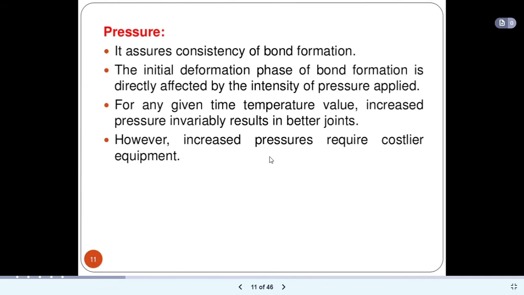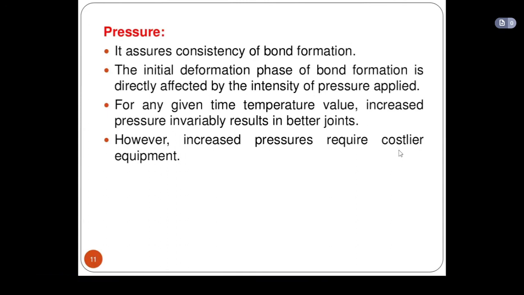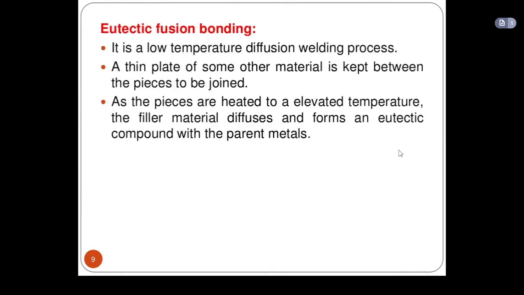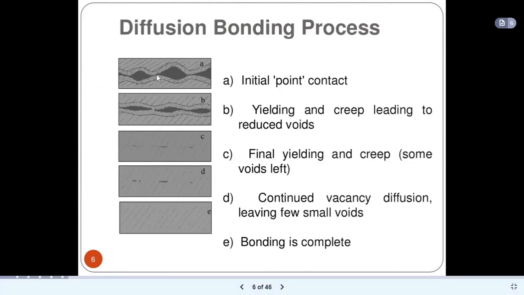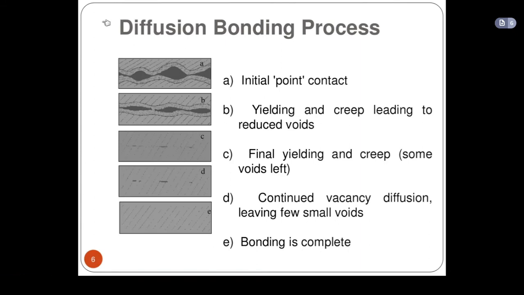However, increased pressure requires costlier equipment. Pressure is very important in diffusion welding, because in this diagram, due to the pressure only, the voids between the two surfaces get closed, and the small voids which remain after applying the pressure can be removed by the use of temperature.